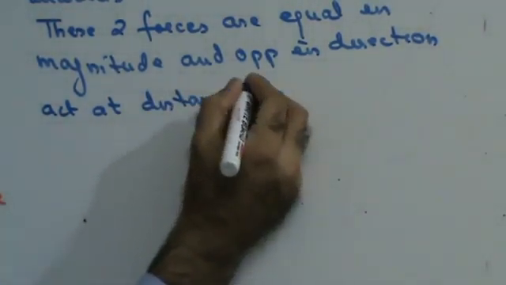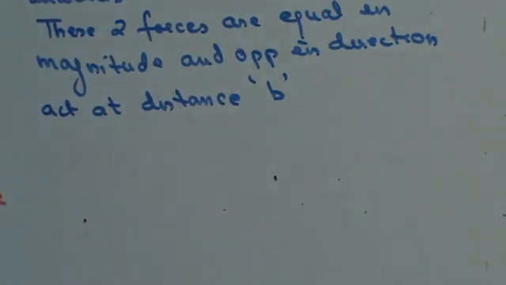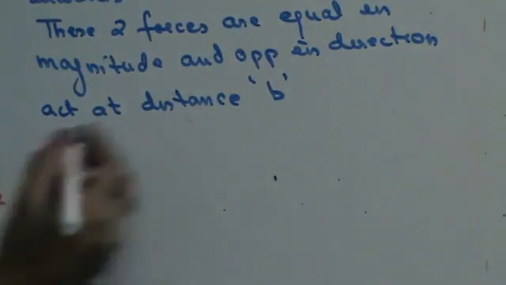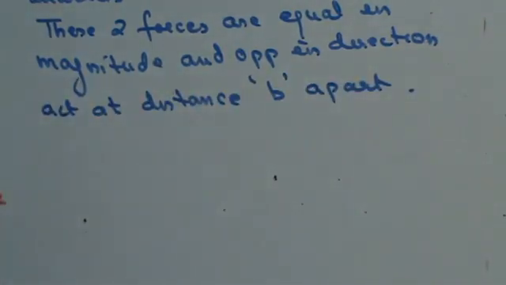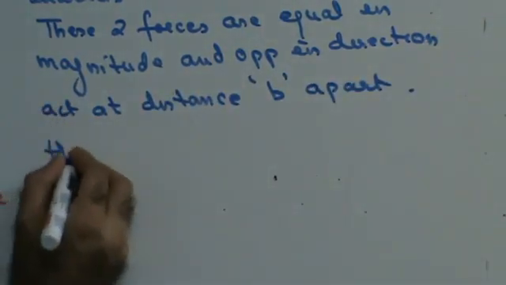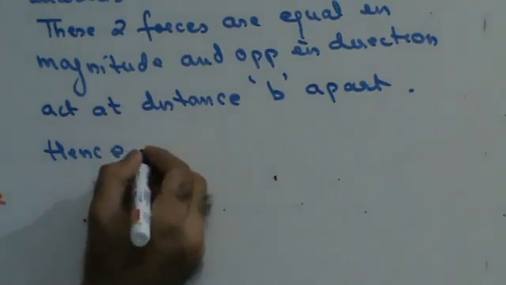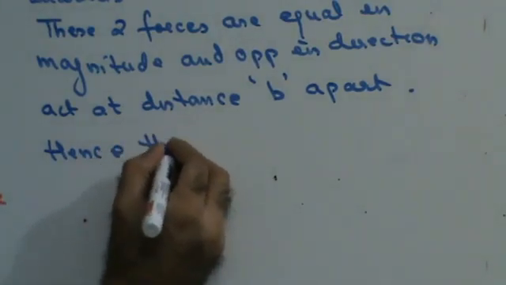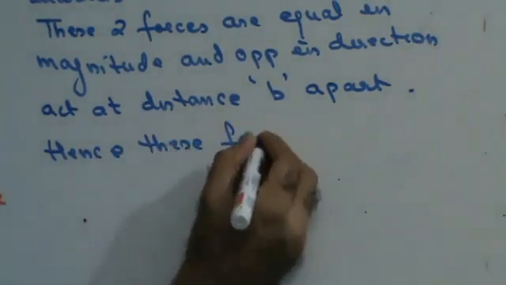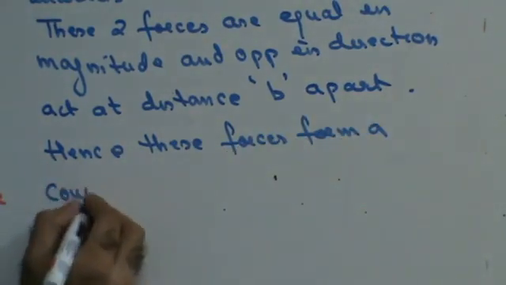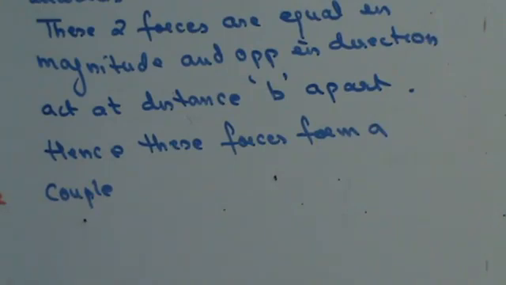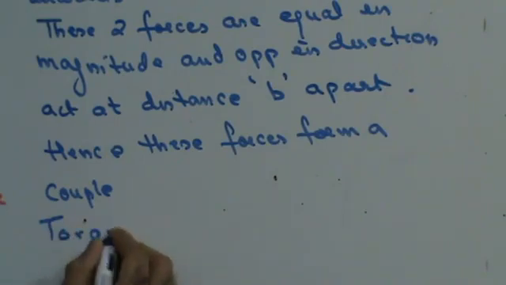The distance between the two forces is going to be the breadth of the rectangle B, acting at a distance B apart, right? Hence, these forces form a couple. Fine, do we get this in here? So in that case, I can find out the torque.